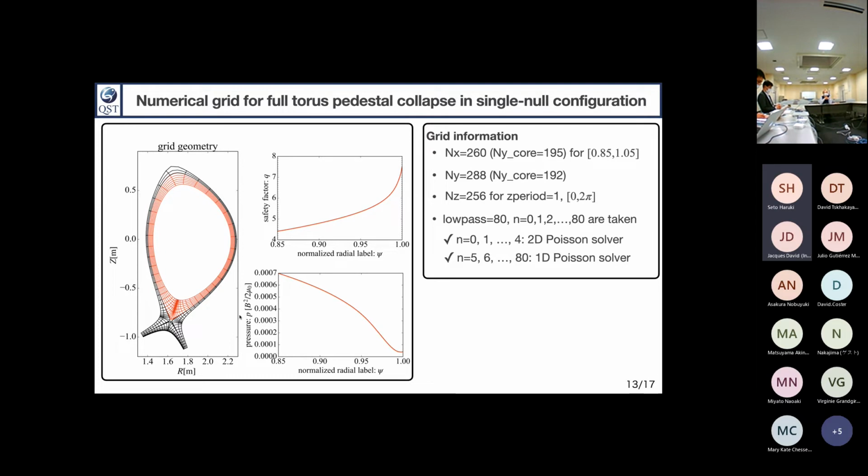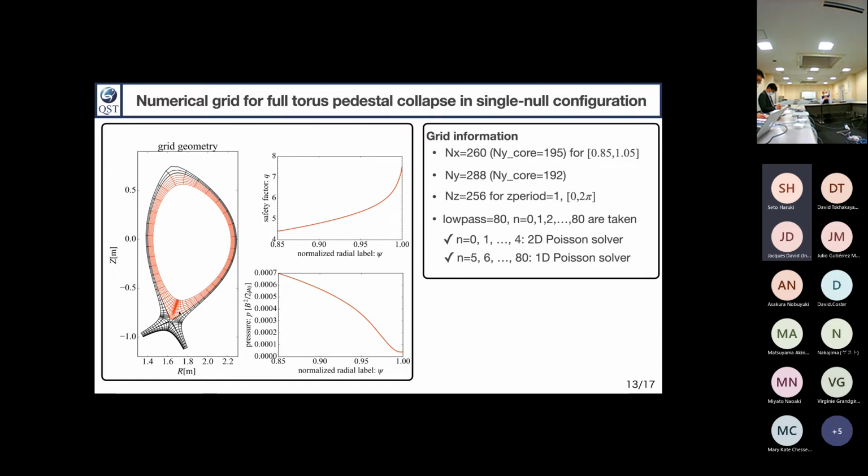One important difference between the circular case and the X-diverted case is the mesh accumulation around the X point in diverted geometry. In the diverted geometry case, we have a constraint to use the orthogonal grid, so the grid width in the parallel direction around the X point becomes narrower and narrower.